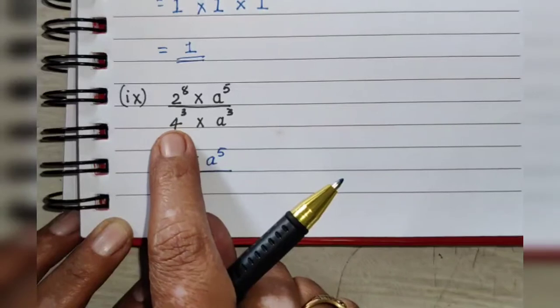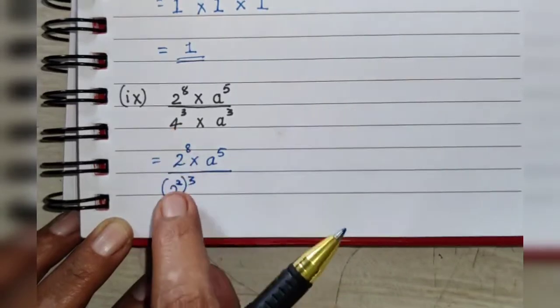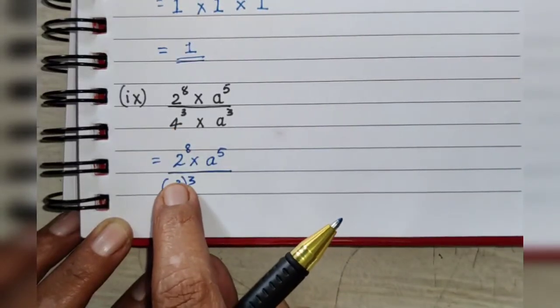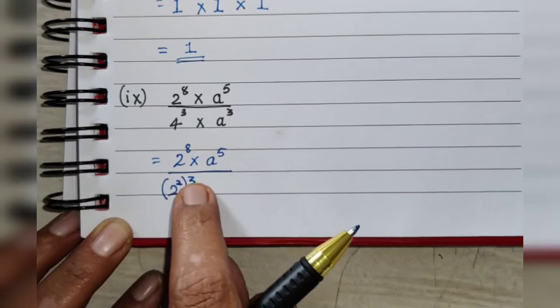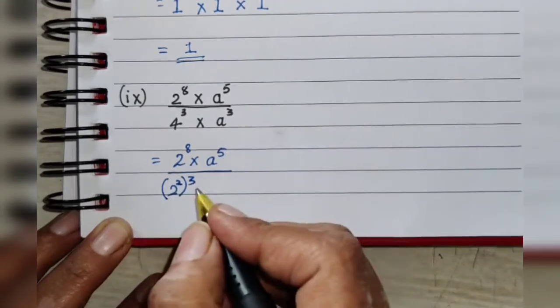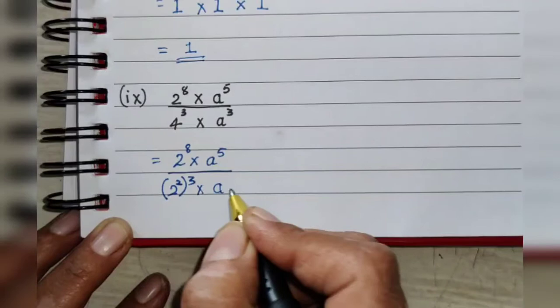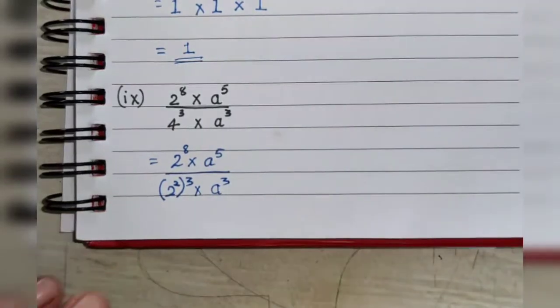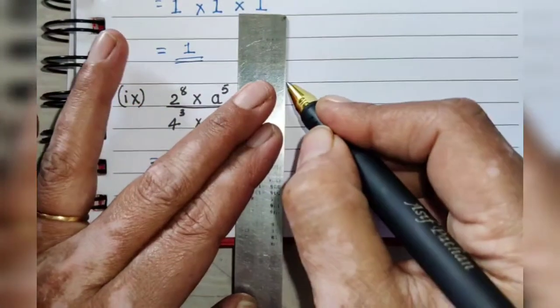So let's bring this 4 in the form of 2. So 4 is nothing but 2 square, and then this 4 has the power cube, right? Multiply by a to the power 3. I'm doing the rest of the sum here.